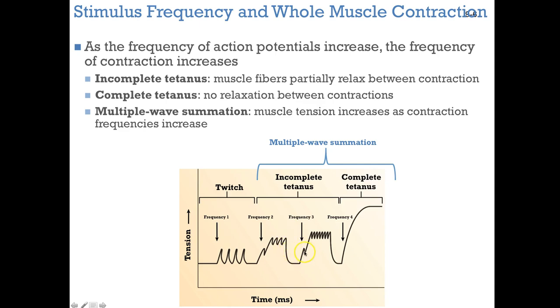And then over here, if we add frequency 3, that means we're increasing the frequency even more of our action potentials. And then we move up to even more tension building up on the muscle and partial relaxation. Again, not full relaxation down here, just partially.